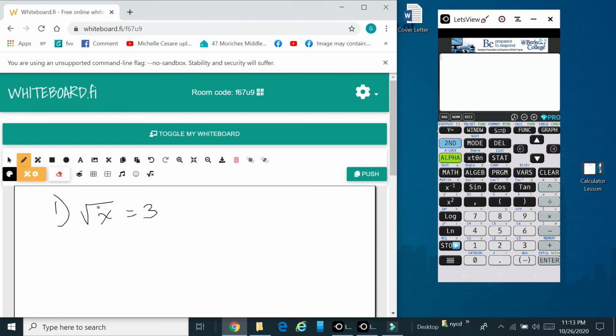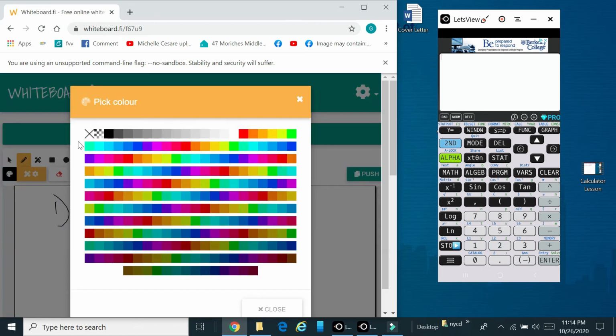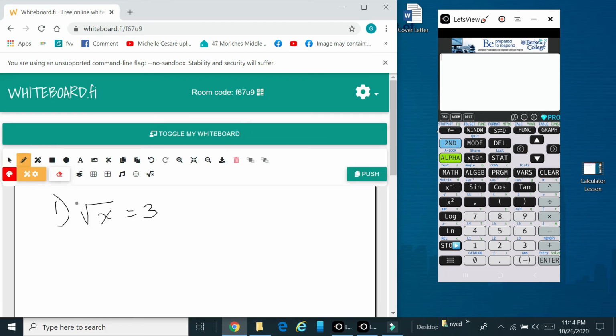Okay, now this is a square root. So I'm going to put this to the second power because second power will undo that square root. Because if you have a square root x times square root x, it will give you square root x squared. And since that's a perfect square, x will come out. So let's change the color. So I'm going to square the square root.